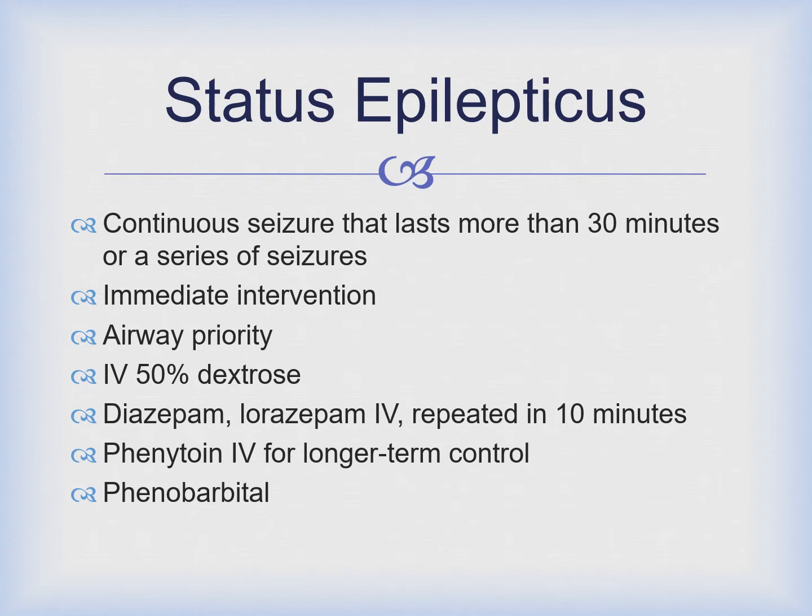What we talked about before, the longer the seizure, the more at risk you are for hypoxia and hypoglycemia, right? So our airway is going to be a priority. And if you give someone enough Valium and enough Ativan, then airway is going to be a problem anyway, right?